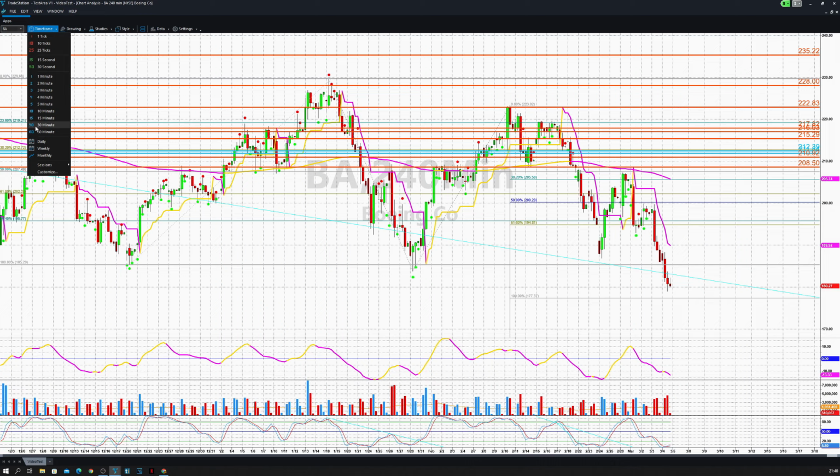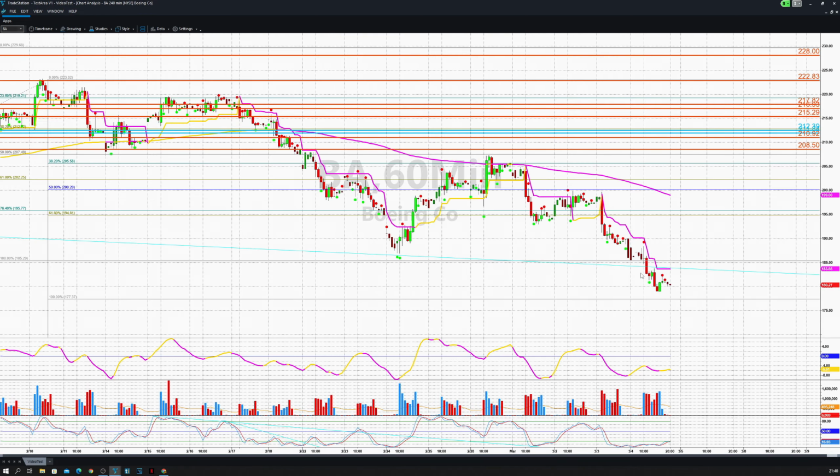If we check the 60-minute, you can see even in the 60-minute we are in a down move. Yes, there was big buying here, so I will wait. I want to see confirmation. I want to see some sort of big volume like here, with a smaller body, with a small spread.